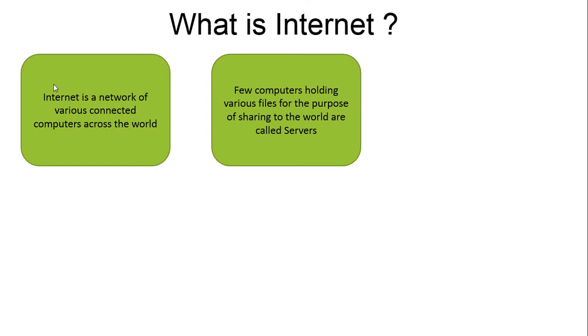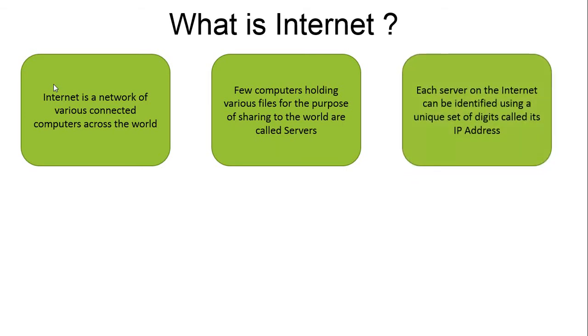So in order to get the resource or to get the file, the first thing the browser needs to do is to locate the server that is holding that file. Now, every server on the internet can be identified using a unique set of digits called its IP address. That is, every server has a unique IP address.